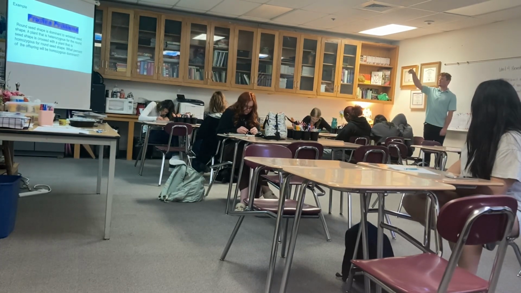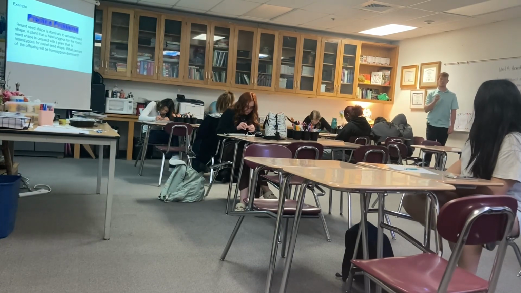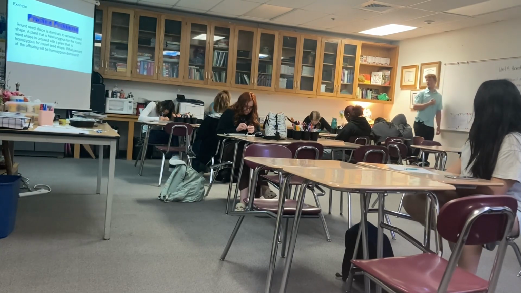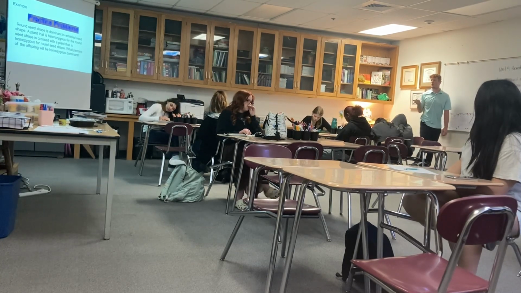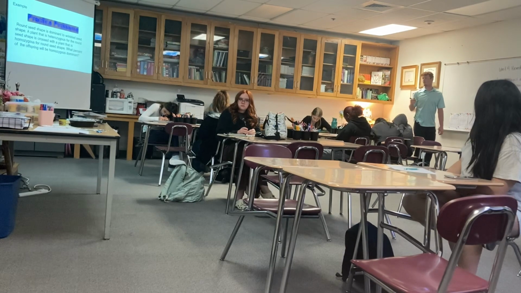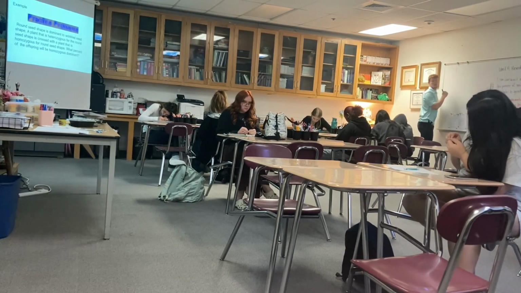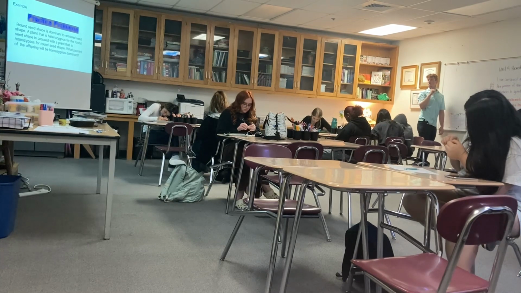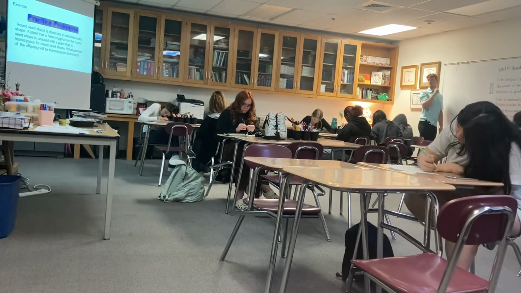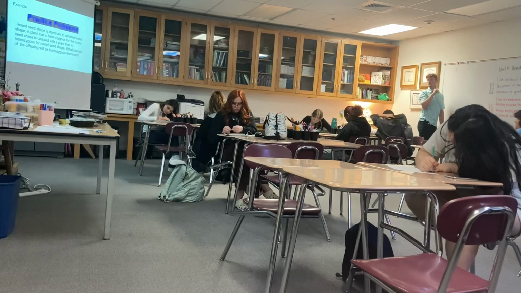Round seed shape is dominant to wrinkle seed shape. So first we want to write that down. Again, we can choose any letter for our alleles. I'm just going to choose R because the first thing I saw was round seed. You could choose any letter again. So we're going to do R is dominant, which equals wrinkle.